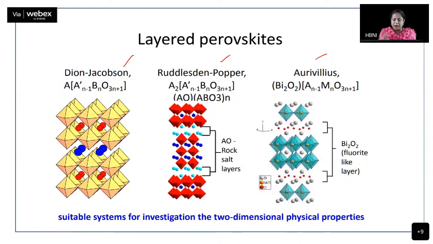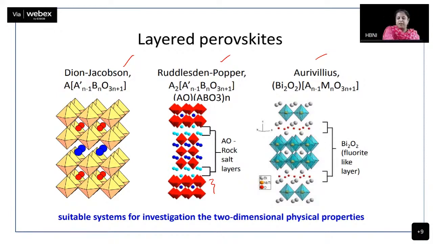Nothing. But you see this red layer? That means you have ABO3. These are corner sharing octahedra, which is nothing but ABO3. So you have 3-4 layers of perovskite, which are joined together by a rock salt type AO layer. Then again 3-4 layers of ABO3, then again a rock salt type AO layer.